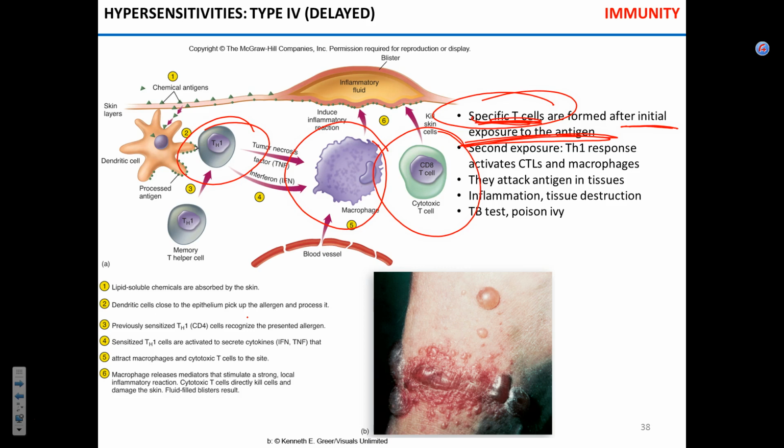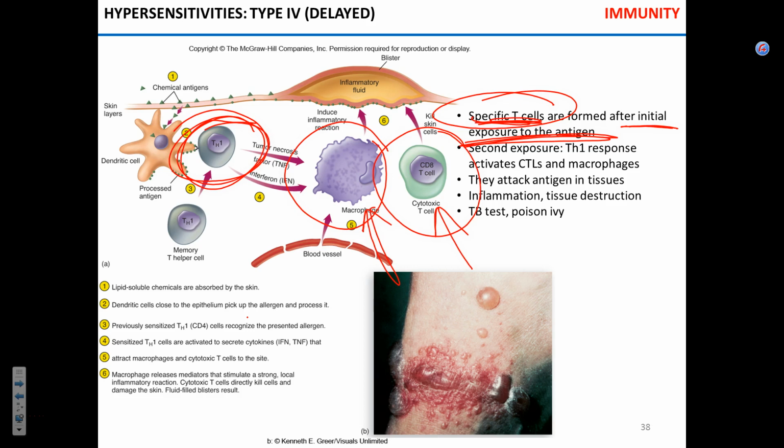Does that make sense? The more T cells you form, the more macrophages or cytotoxic T cells you're going to form. The bigger the inflammation at the site of injection is going to be.